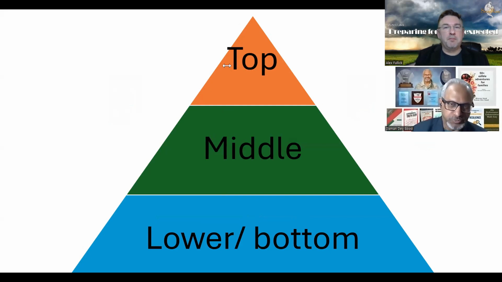Exactly. So we see this pyramid. This organizational pyramid has been seen for hundreds of years, perhaps for decades. At the top, we have the top management leadership, then middle management, and at the lower level, the masses.